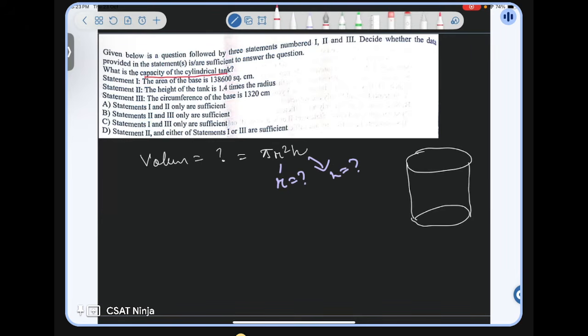Statement number 1, what does it say? The area of the base is given as 138612 square meter. But if this is a cylinder, the base of a cylinder is always circular in shape.